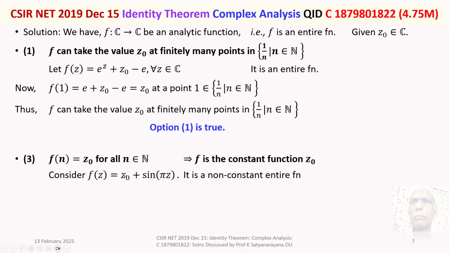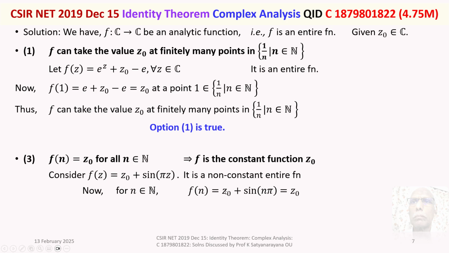Z naught is a constant, being an entire function. The sum of two entire functions is again an entire function. Therefore, it is a non-constant entire function. Now, for n belonging to N, what will be the value? f of n is equal to z naught plus sine of n pi, where you substitute n for z.